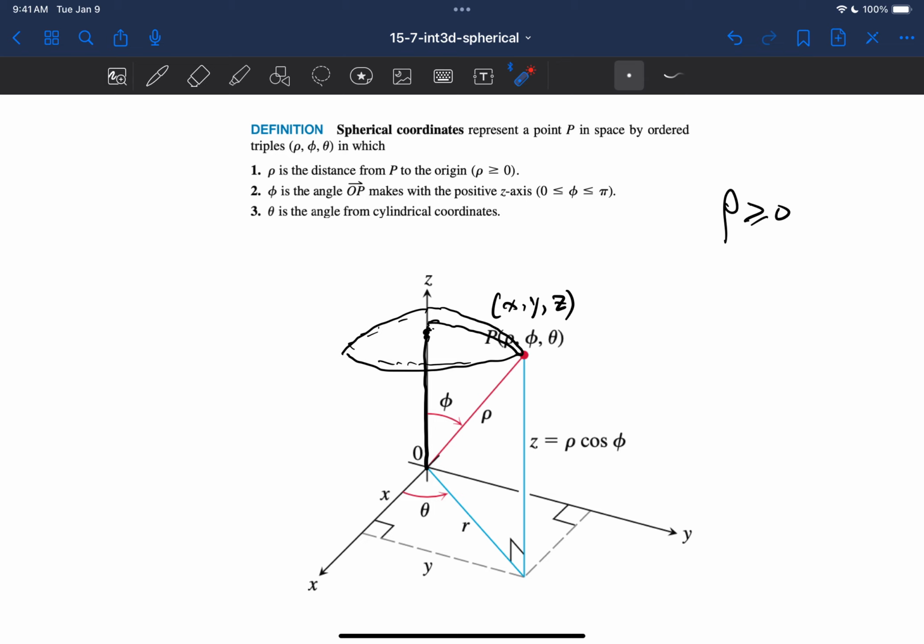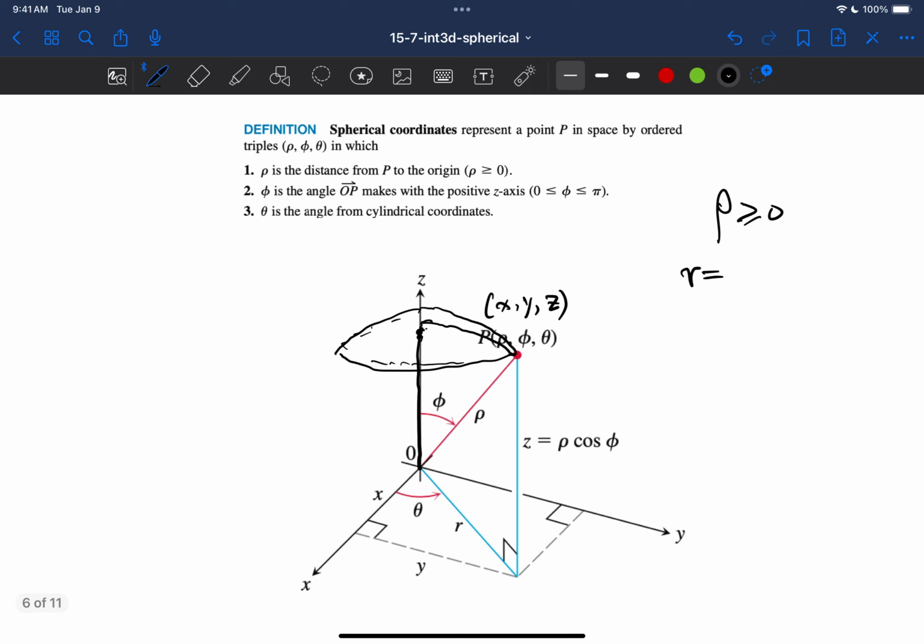So we can still write r, which is not part of rho, phi, theta, but it gives the distance of the projected point to 0. So we can first write r by looking at this triangle.